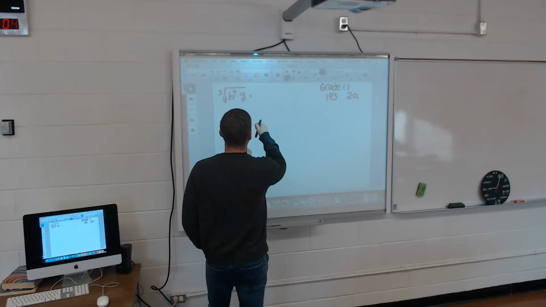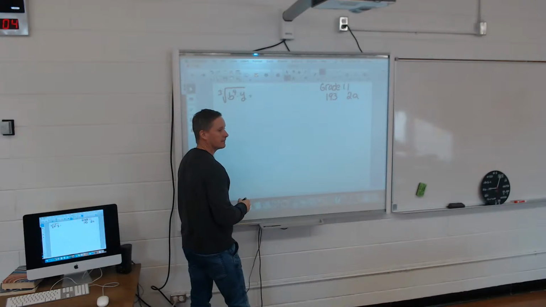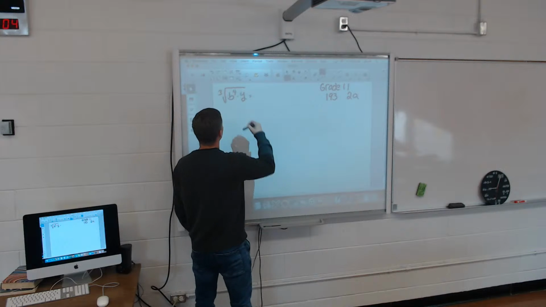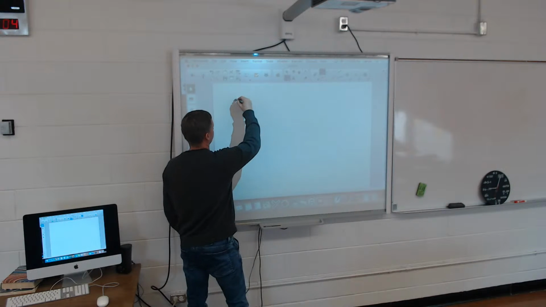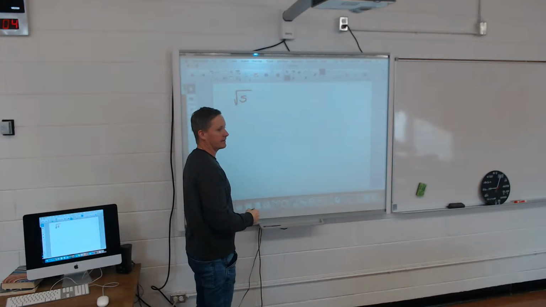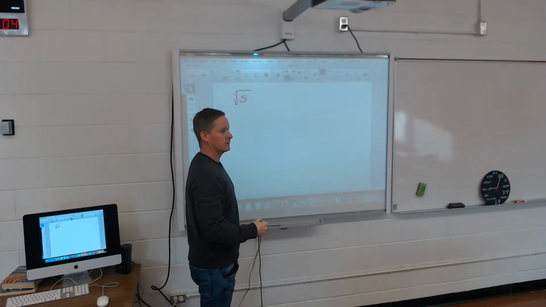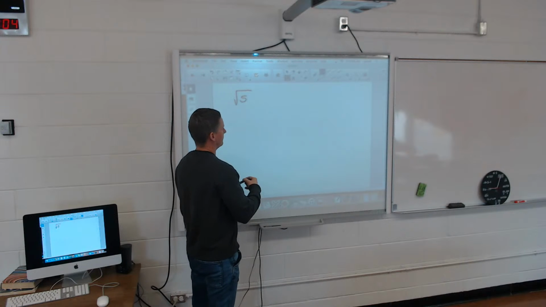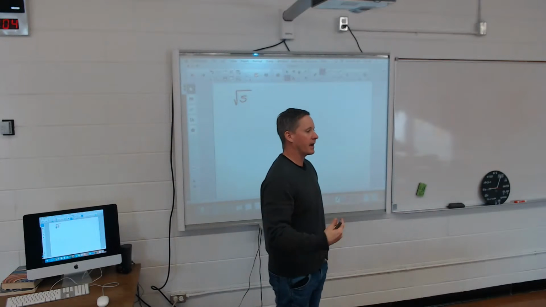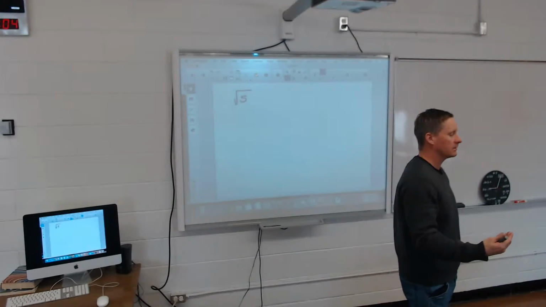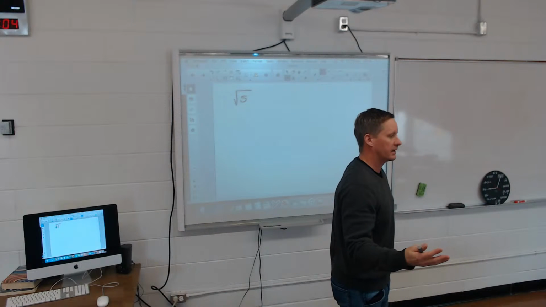All right. So can I break down the y? No. Okay, look at it like this. If I have the square root of 5, can I break that down? If it's not a perfect square, I can't do anything with it. If it's going to give me a decimal, I can't do anything with it.